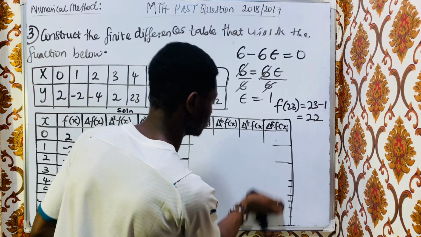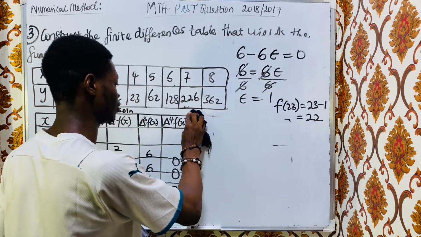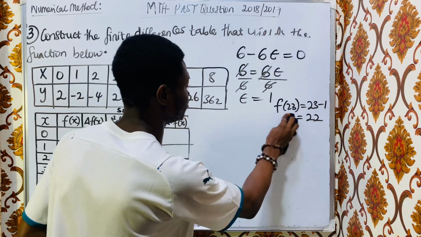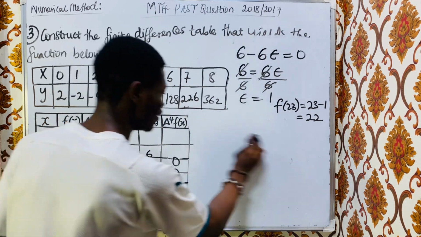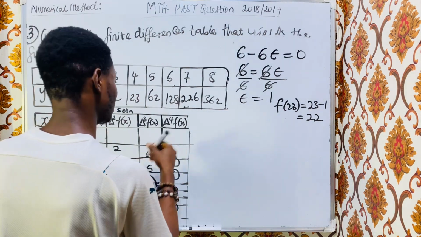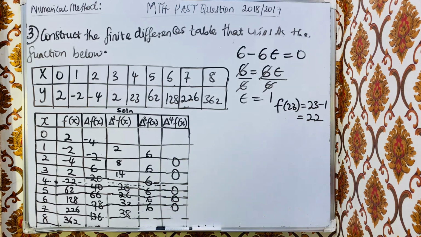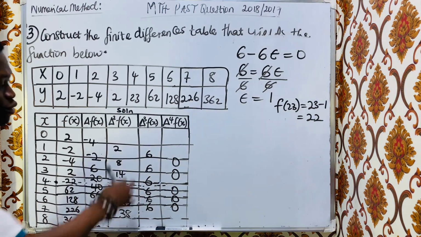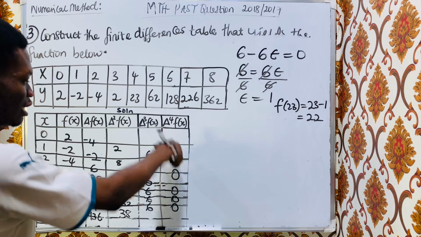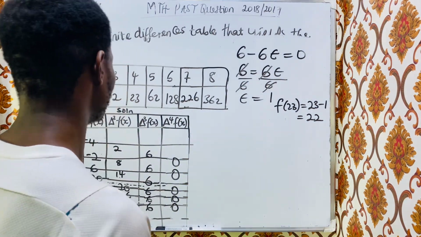If you like, you can still clean this one, now that you have corrected the error, so that we see space and focus on what we have. After correcting, do you see that thing I told you? The third difference will be constant. The last one will be what? 0, 0.